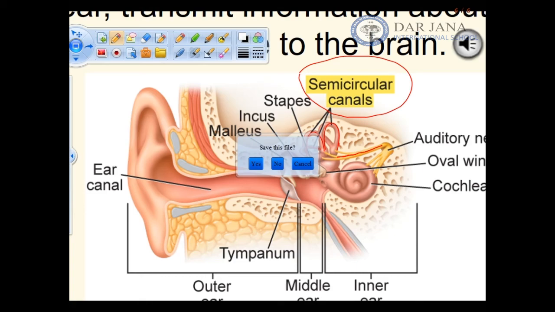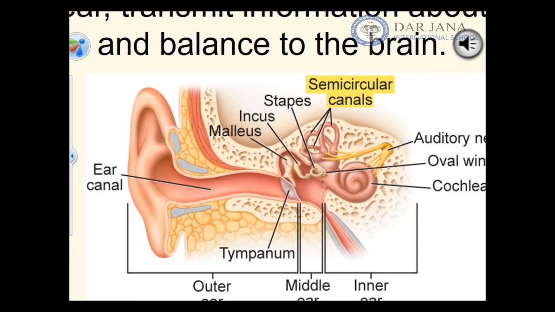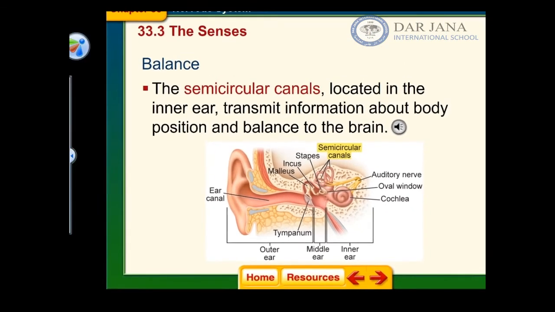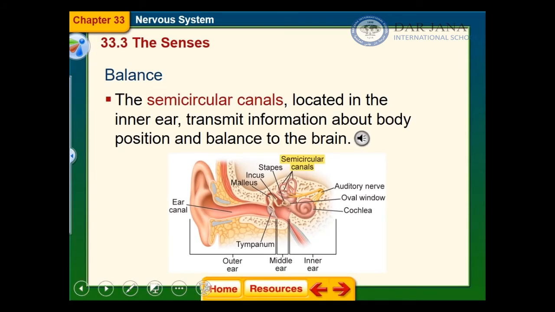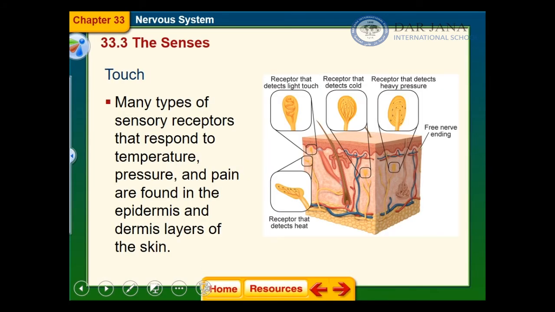Okay, let's move on to the next sense. We're going to talk here about the skin, which contains many sense receptors. As you can see here, the skin is divided into two parts, the dermis and the epidermis, which contain many nerve endings.